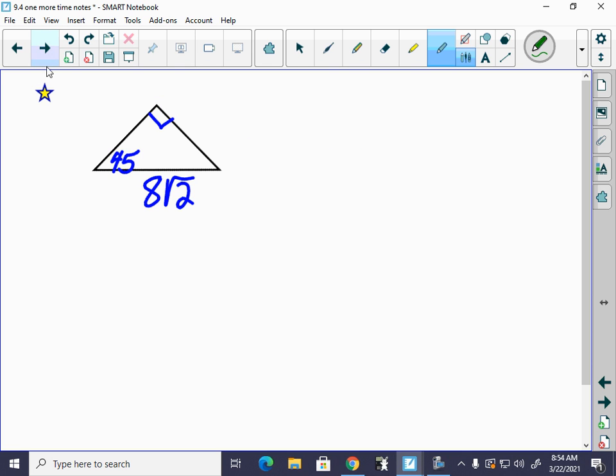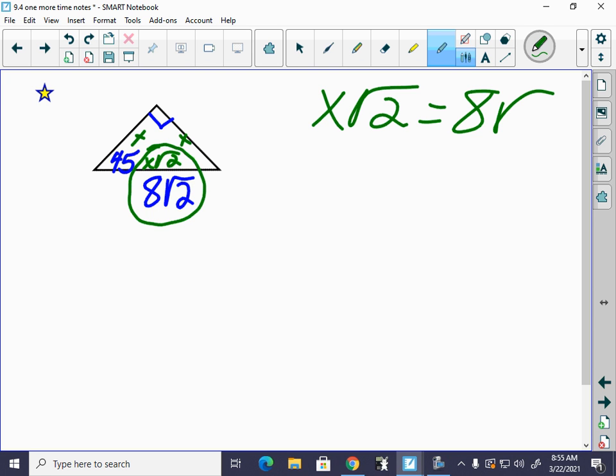Click. Are you ready? Here we go. This is x. This is x. This is x square root of 2. I'm going to circle these guys. Hey, this one is special. Do you notice anything that maybe the left side and the right side have in common?